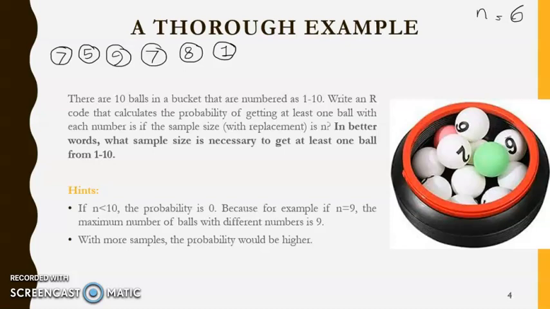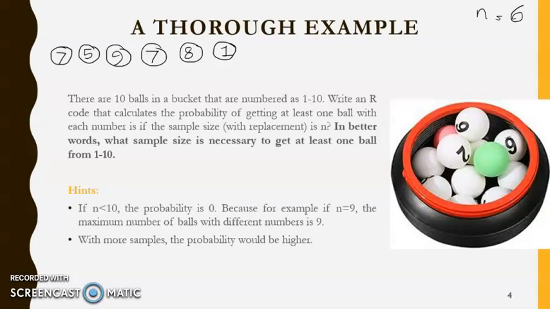Now it says, check the probability that with 6 pulls out of the bucket, I get all the numbers from 1 to 10. There are 10 balls in a bucket that are numbered 1 to 10. Write an R code that calculates the probability of getting at least one ball with each number if the sample size with replacement is n.